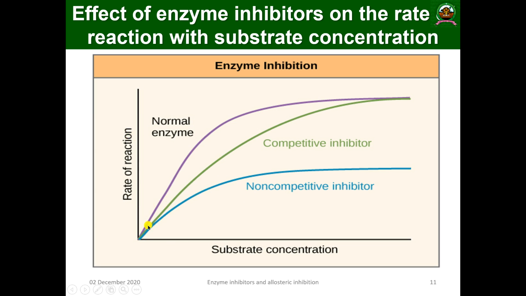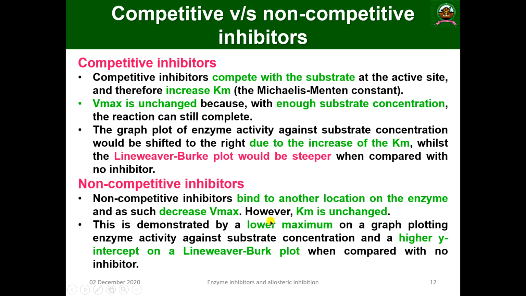This is demonstrated by a lower maximum on the graph of enzyme activity against substrate concentration, and a higher Y-intercept on the Lineweaver-Burk plot compared to the non-inhibitor. This we will see later.